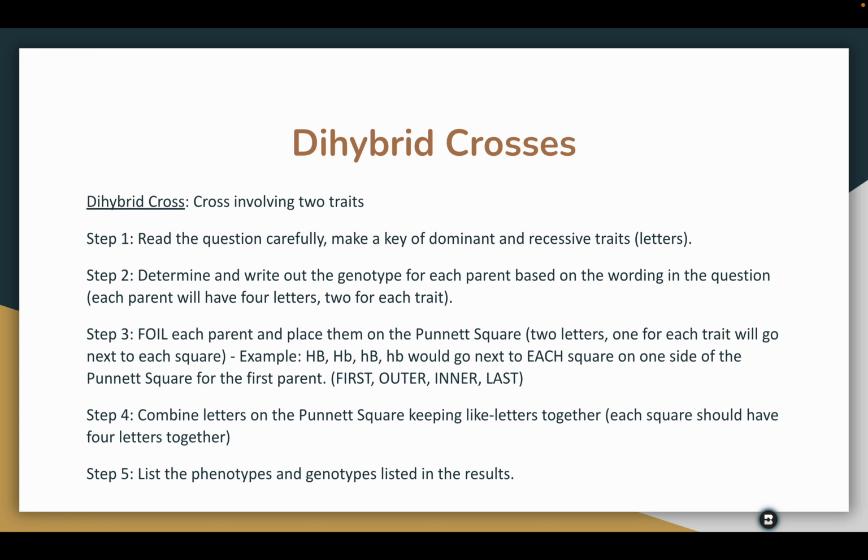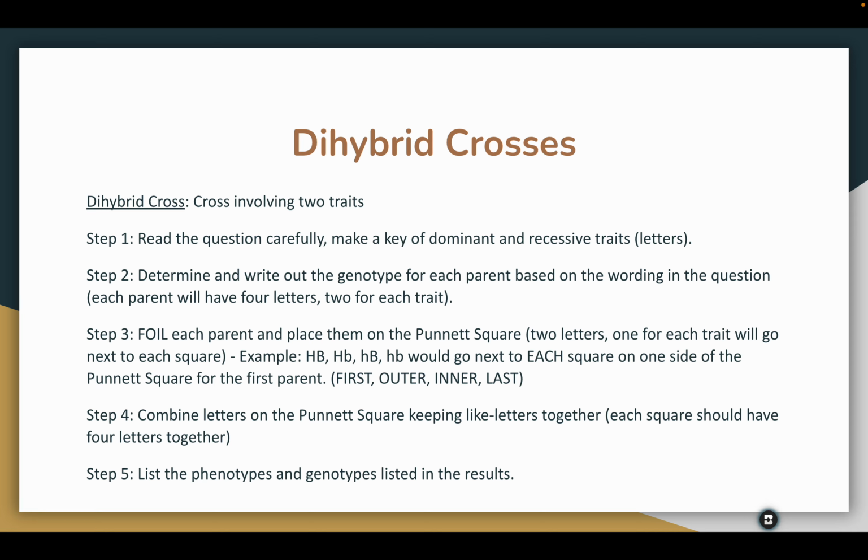Step 2, determine and write out the genotype for each parent based on the wording in the question. Each parent will have 4 letters, 2 for each trait. We'll unpack what that means in a little bit. Step 3, you're going to FOIL each parent and place them on the Punnett square. So 2 letters, 1 for each trait, will go next to each square. There's an example there for you.